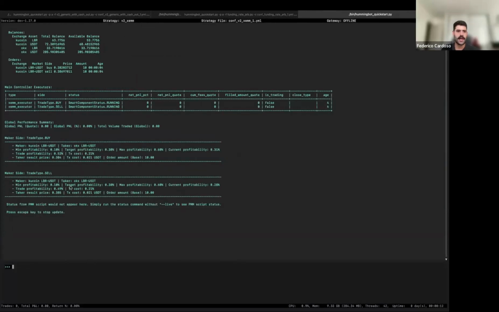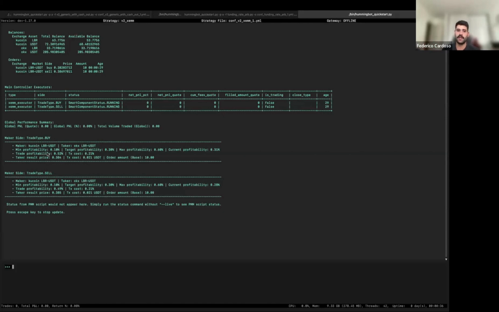As you can see, here we have the information of the active executors. We have the maker side buy. This executor is the one that has the limit buy order on KuCoin in this trading pair and is waiting for the taker on this trading pair.